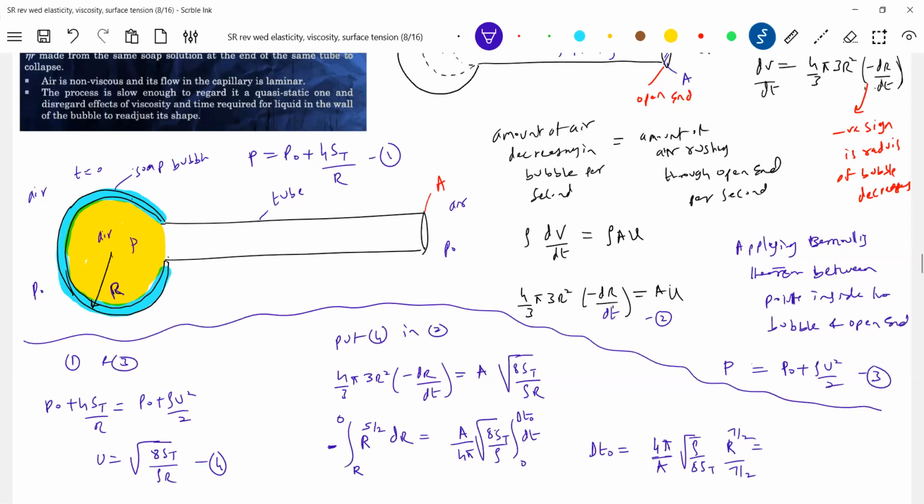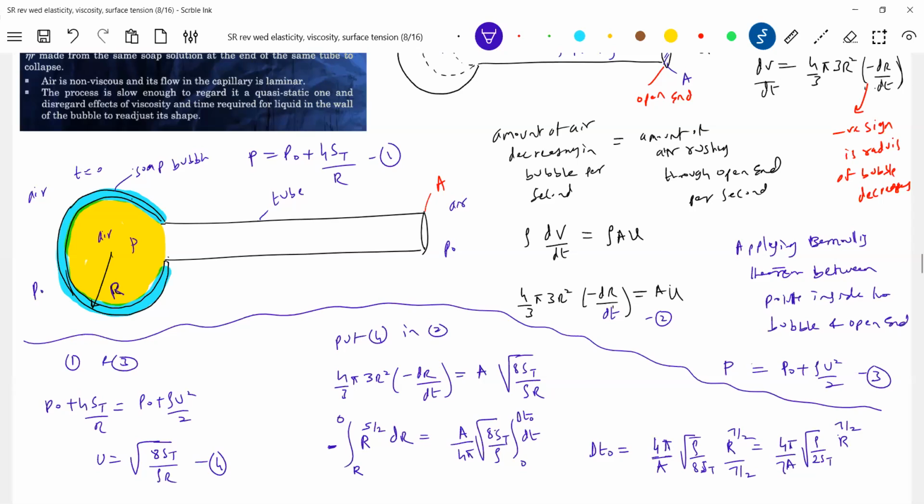Just simplify, give me the final answer. 4 will come. 4 pi A rho 2 ST. 7 will be there here, 7A r to the power of 7 by 2.